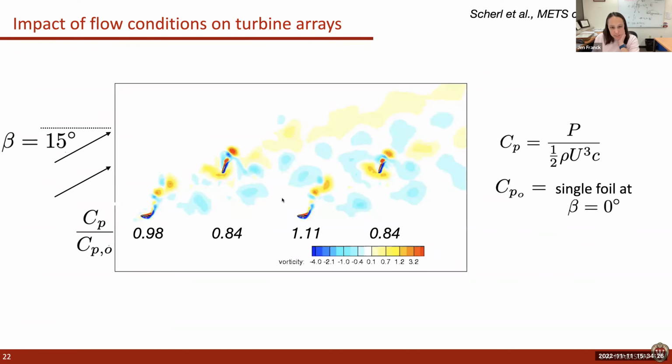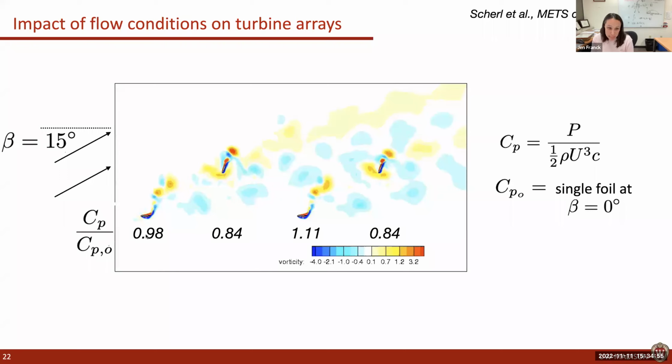And another example to kind of motivate what we're going to look at is this 4 foil system. So these tiny little blips there are foils, and you're zooming out and looking at the wake, and the flow is actually inclined at an angle of 15 degrees. And the numbers that we're looking at is the percentage of power that these 4 foils can produce as a percentage of a single foil by itself.